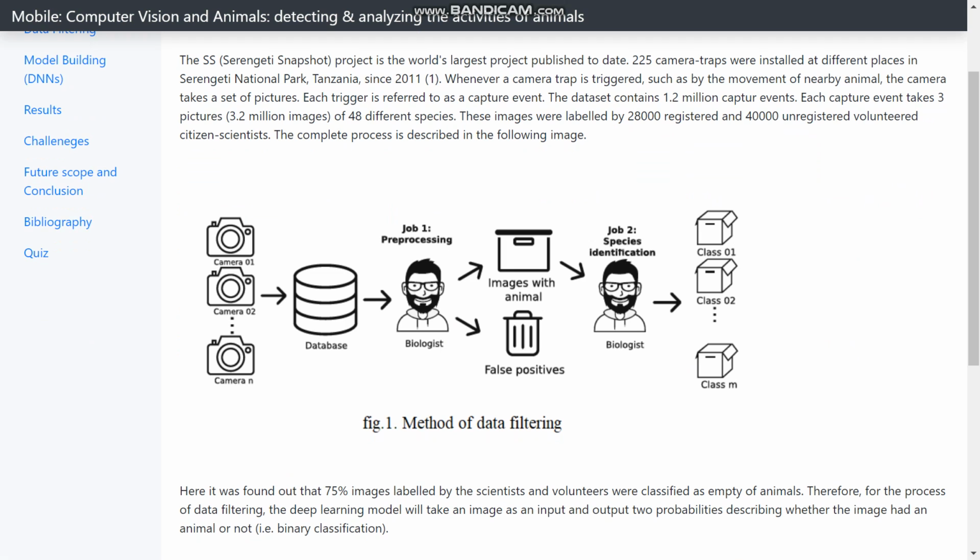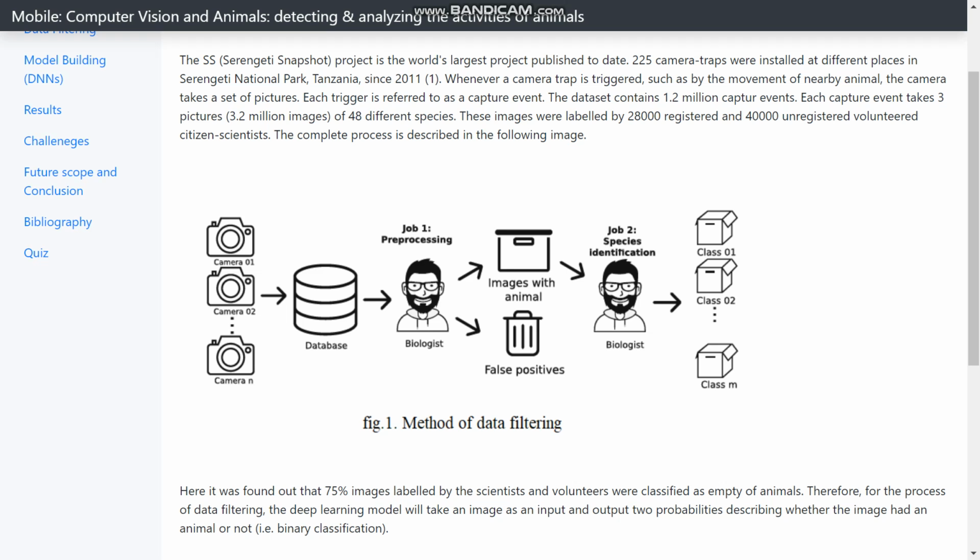These are the cameras on the left hand side, then the images are stored in the database. Then the biologists first categorize whether the images contain an animal or not. Some images are empty images which don't contain any animal in them. So they categorize them first into images with animals and without animals.